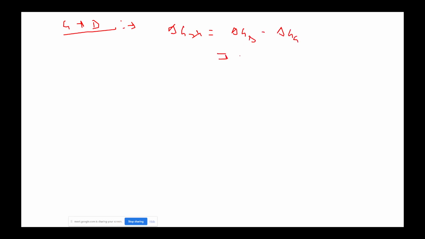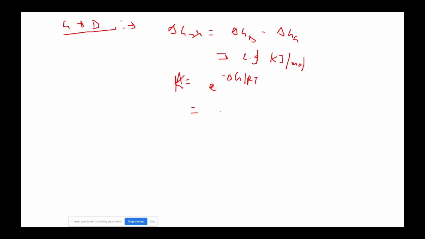It is given how much? 2.9 kilojoule per mole. And the value of this K is e to the power minus delta G by RT, this is the formula.